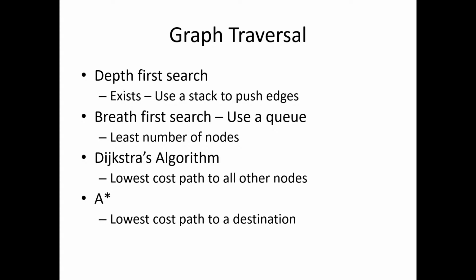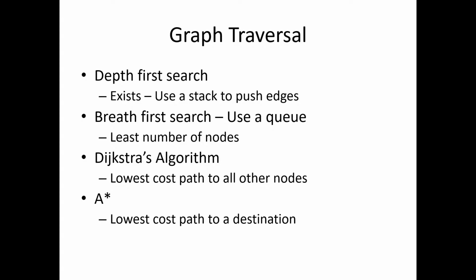With a breadth-first search, you expand all the adjacent nodes, or all the nodes that are connected to a node, and then you expand outwards from each one of those, and so on. And then you have Dijkstra's algorithm, which is the lowest cost path. And the A-star algorithm is also lowest cost path to a destination, but A-star is directed; it uses this extra thing called a heuristic, which we'll get to.